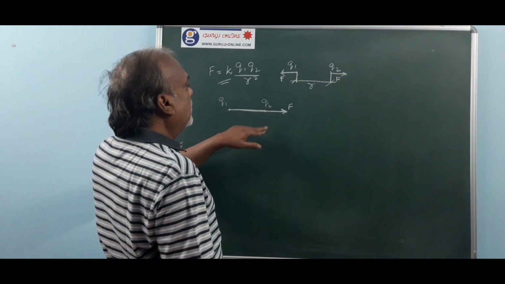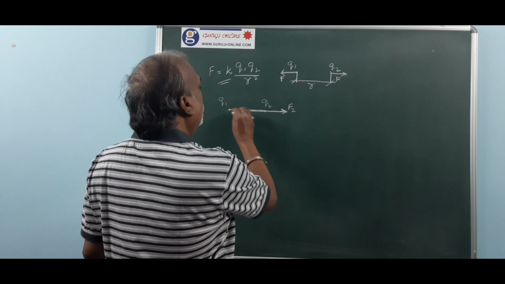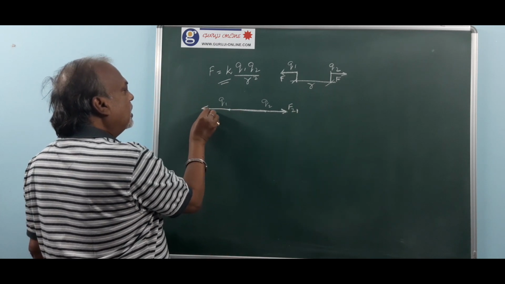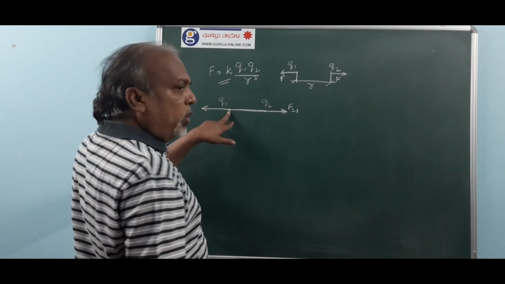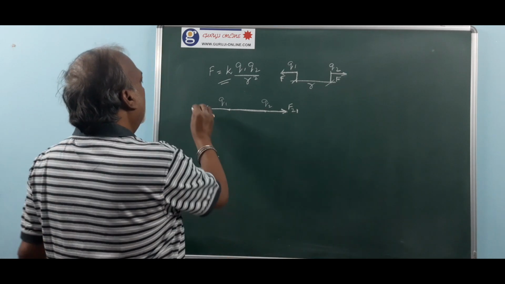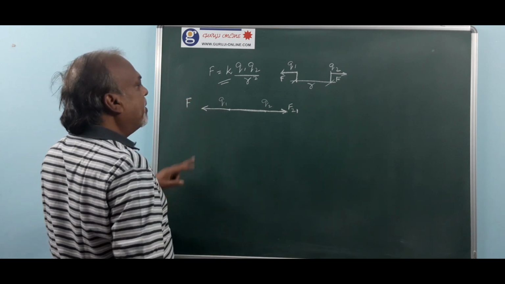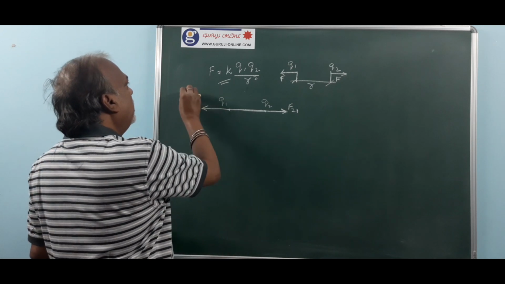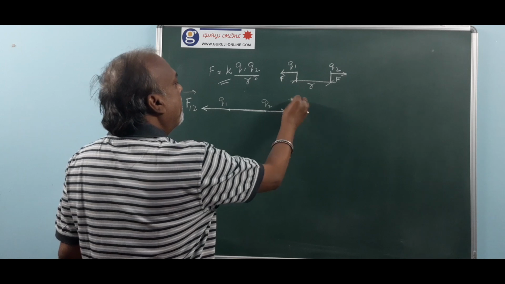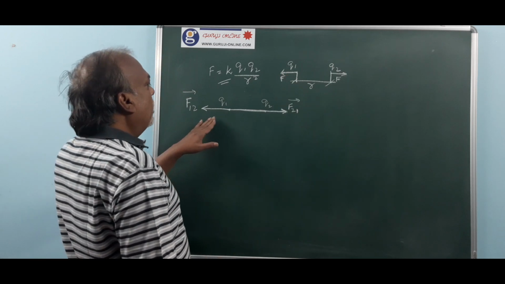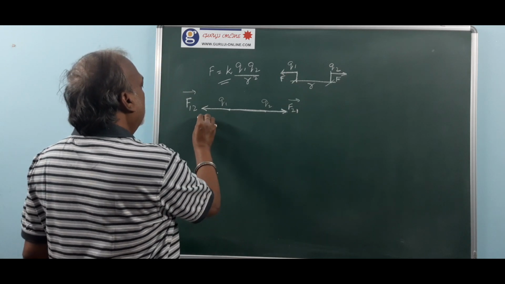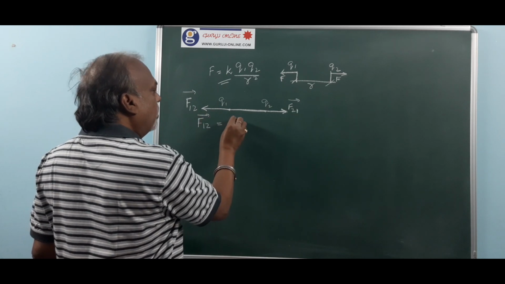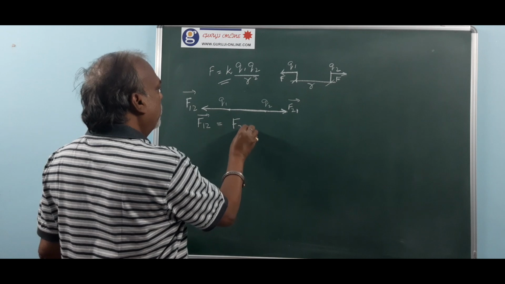This is the force on 2 due to 1, and this is the force on Q1 due to Q2, and we can denote it as F12. This is a vector quantity basically. And here of course this F12 will be equal to F21.